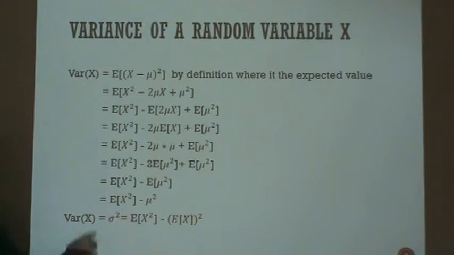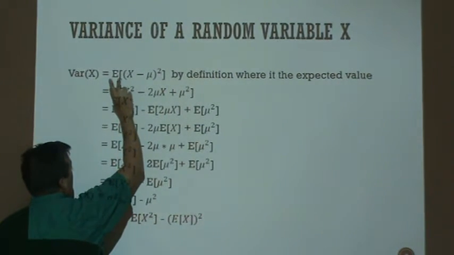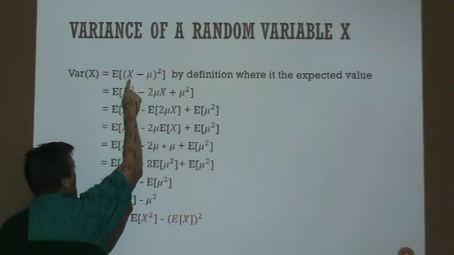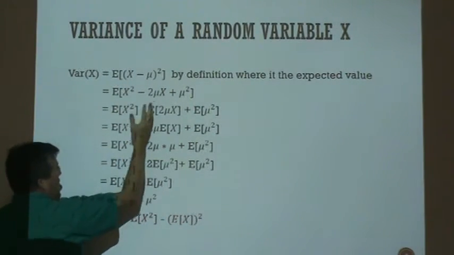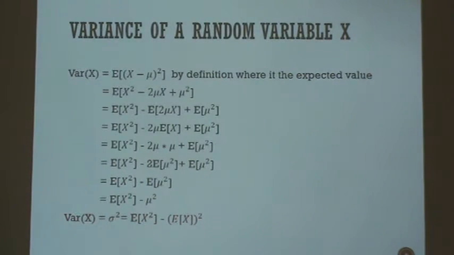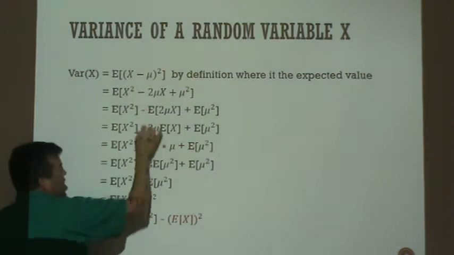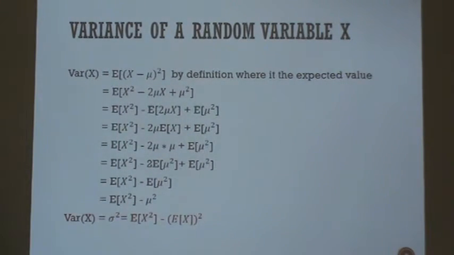The variance of a random variable is defined as follows: if you were to take an outcome and subtract the expected value from it, this represents how far away an individual event is from the average.